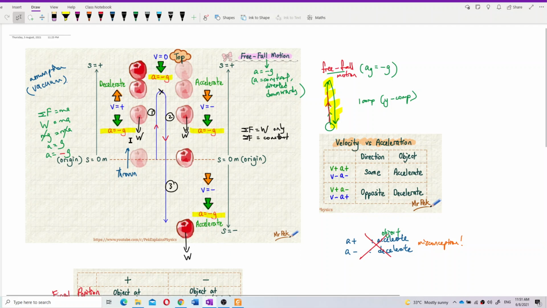For velocity, just look at the direction of motion. Going up, positive. Going down, negative. For acceleration, just look at the weight, the resultant force. The resultant force is all going downward, so acceleration is also downward. a is a constant.